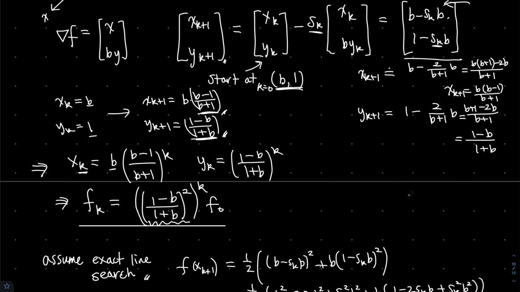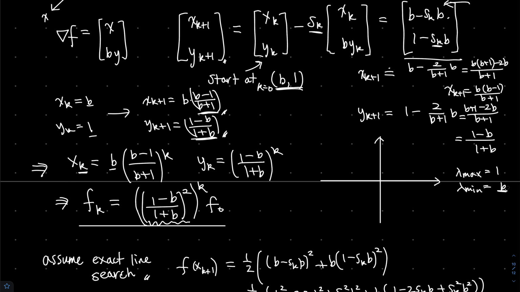Now, before we move on, let me just remind you that our function is formed as ellipsoids, and I mentioned that the lambda max is 1, lambda min is b.